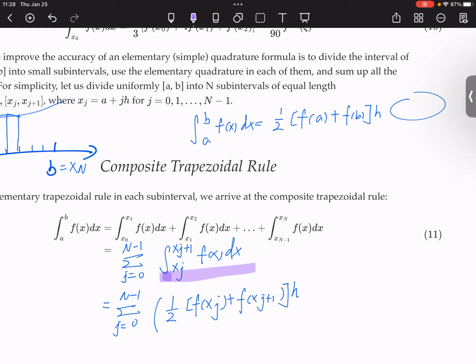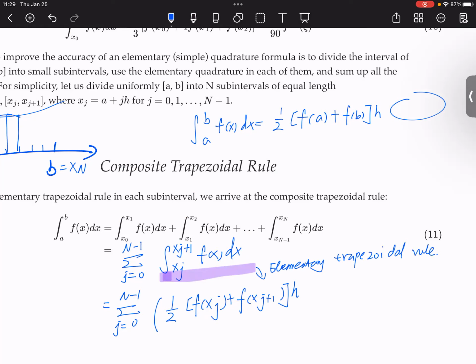So from here to here, I'm going to apply the elementary trapezoidal rule, in case you don't know what I'm going to do, and I write out the things here.